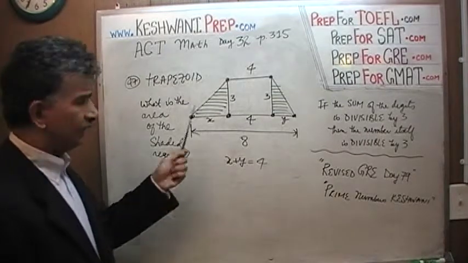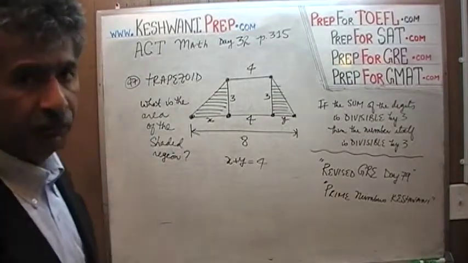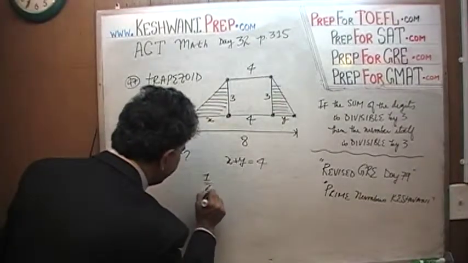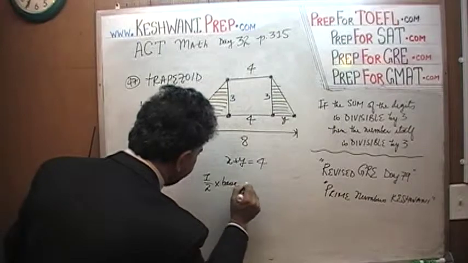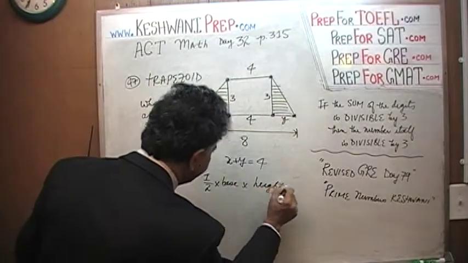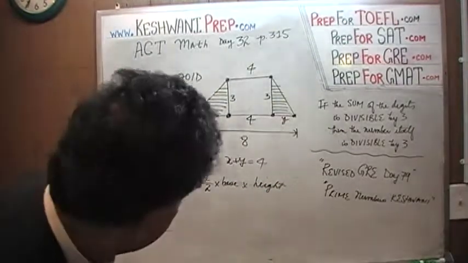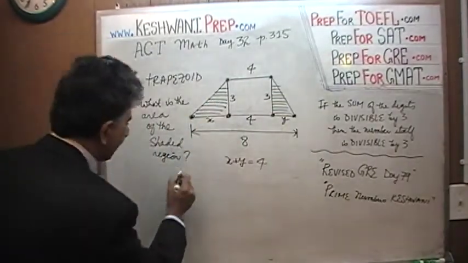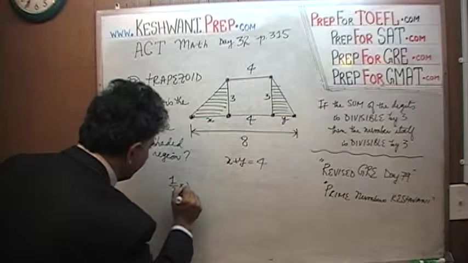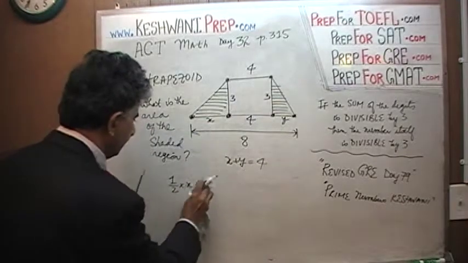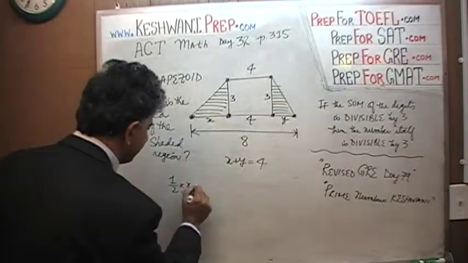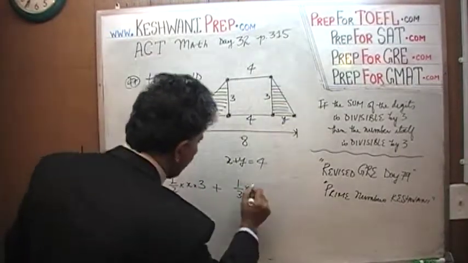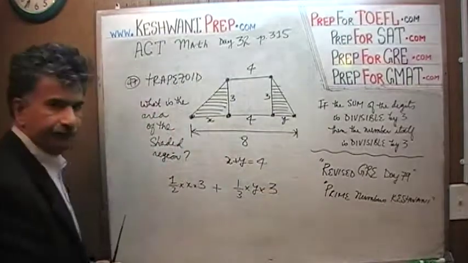How do we find the area of a triangle? Area of a triangle is 1/2 base times height. So for the first triangle, it's going to be 1/2 base x times height, which is 3, and for the second triangle it's going to be 1/2 base, which is y, times height, which is 3.